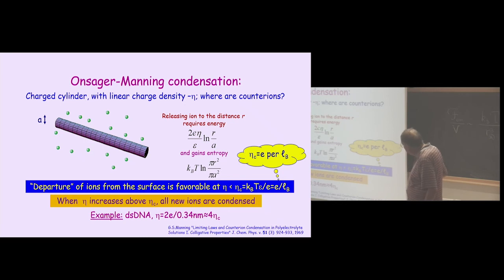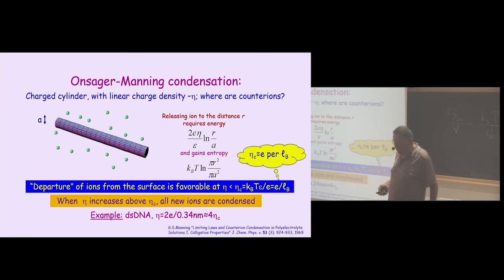Which coefficient is bigger? The coefficient for entropy is basically kBT. The coefficient for energy is basically the linear charge density. And the answer is beautiful. There is a critical linear charge density, which is nothing else but one elementary charge per Bjerrum length.